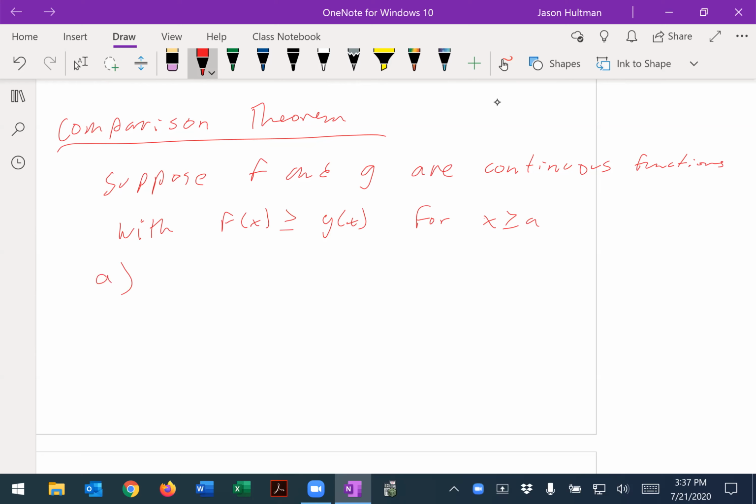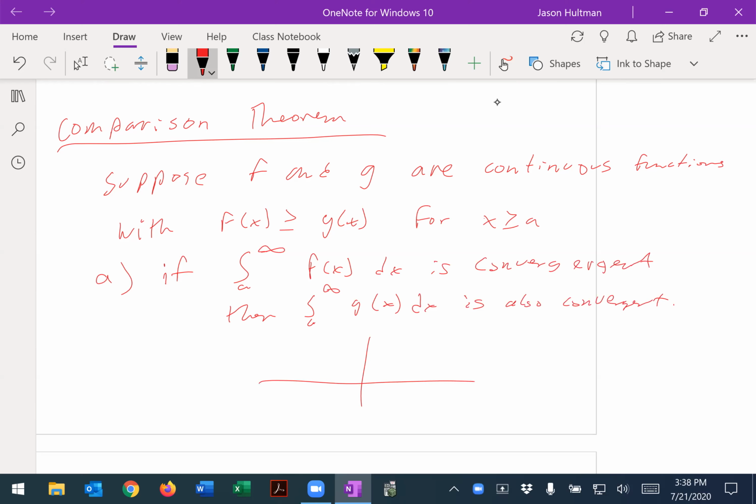Okay, so A: if the integral of f of x dx is convergent, then the smaller one, g, is also convergent. Sandwiched between something that's convergent: if you're sandwiched between the x-axis and something that's convergent, you're going to have to converge too, if you're always smaller. I'll draw a graph to help illuminate that.